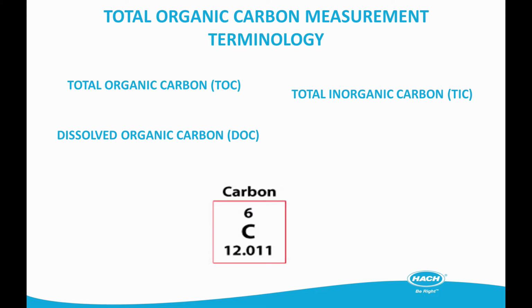Dissolved organic carbon, DOC, is the sum of organically bound carbon originating from compounds which pass a membrane filter pore size of 0.45 microns. Total carbon, TC, is the total carbon from all sources, organic and inorganic.